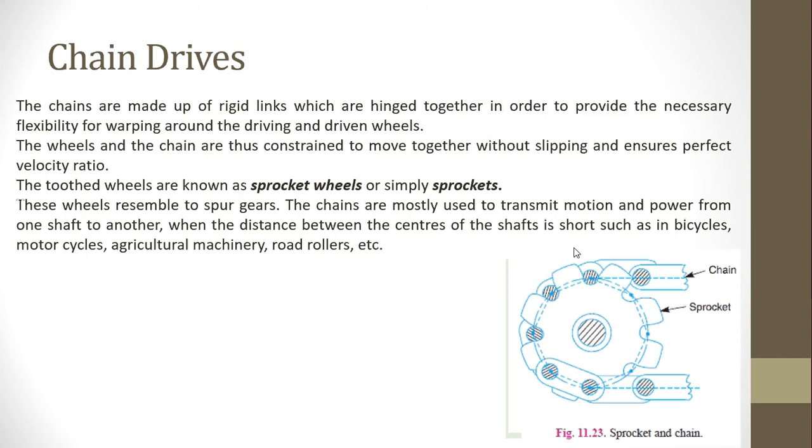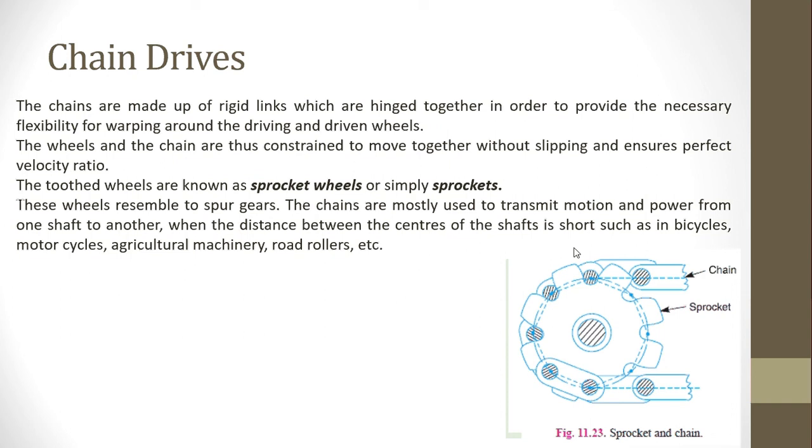So, first of all, a short introduction about the chain drives. Chain drives are basically used for high powers as compared to the belt and the rope drives. The chain drive system consists of a minimum of two sprockets.